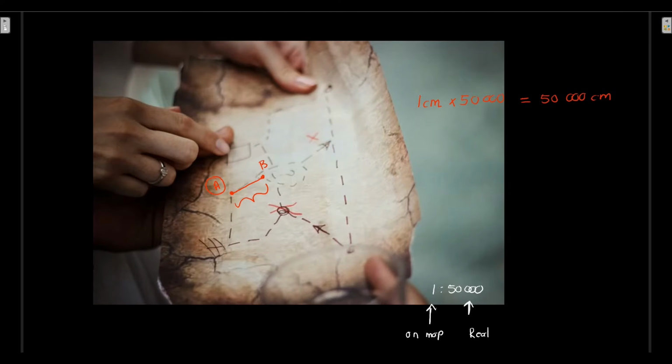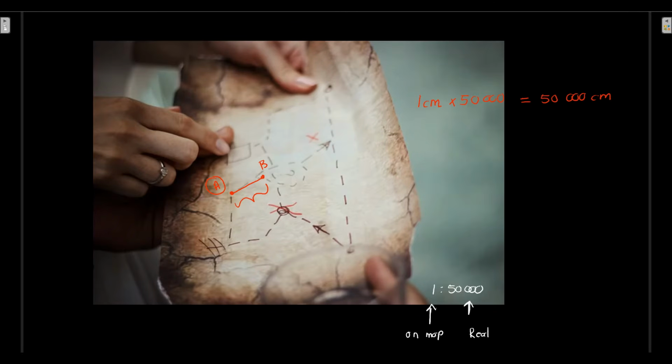Then we'll continue to convert that into maybe kilometers and meters. So that is basically what the scale means. 1 unit on the map is equal to 50,000 units in real life.